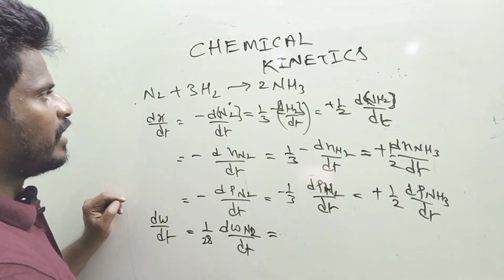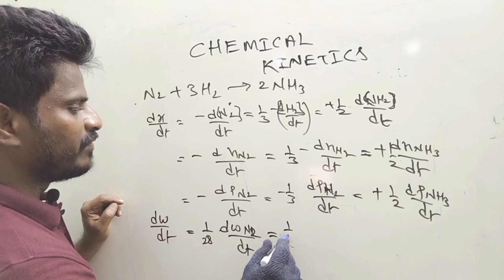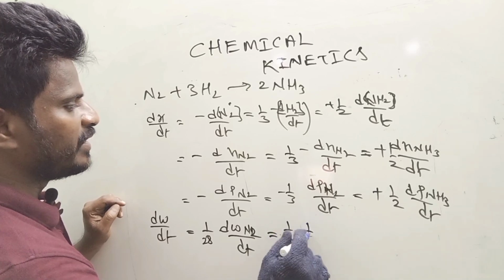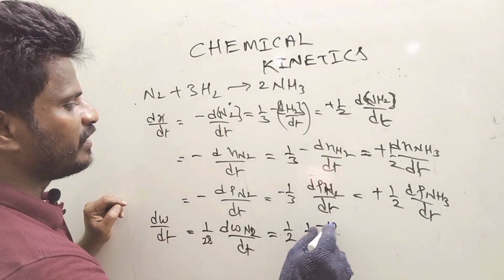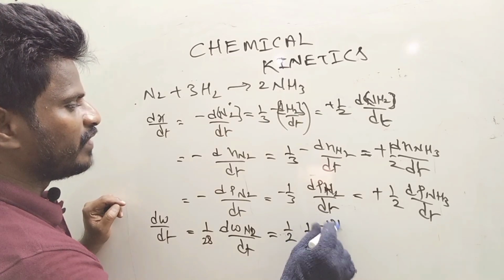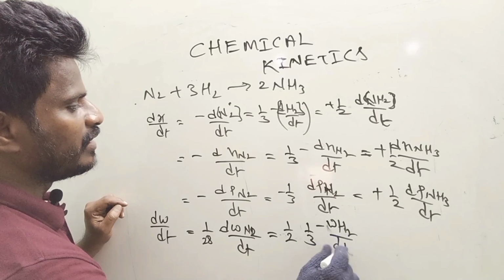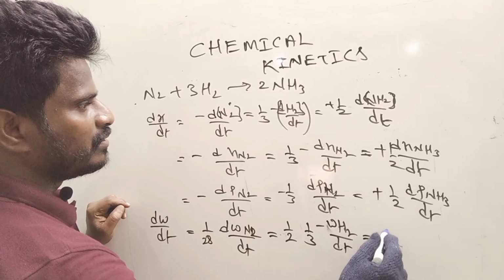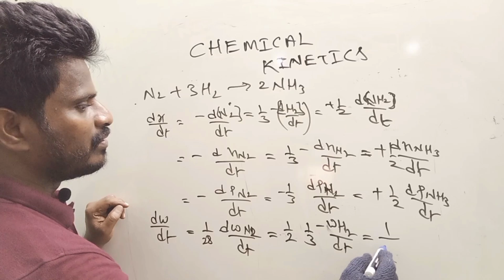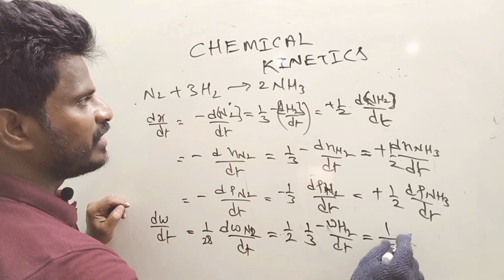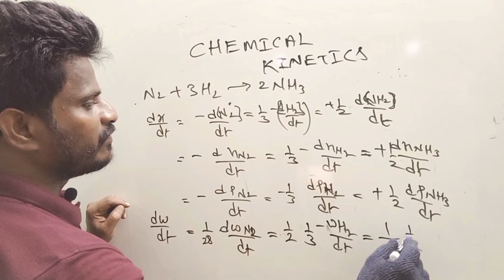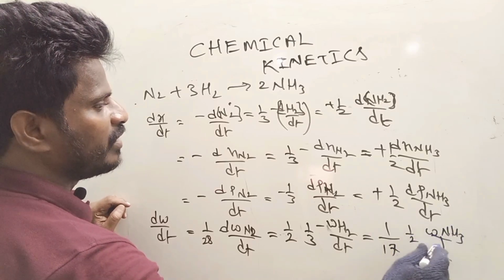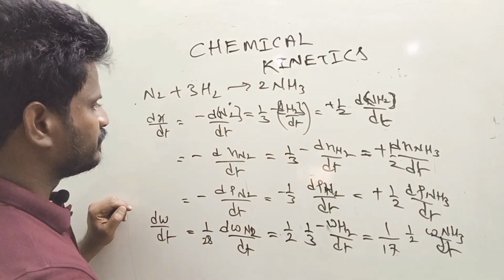And with respect to hydrogen, its molecular weight is 2, so 1 by 2 into coefficient value 1 by 3 into minus weight of hydrogen by dt. With respect to ammonia, the weight term is 1 by 17 into coefficient 1 by 2 into weight of NH3 by dt.